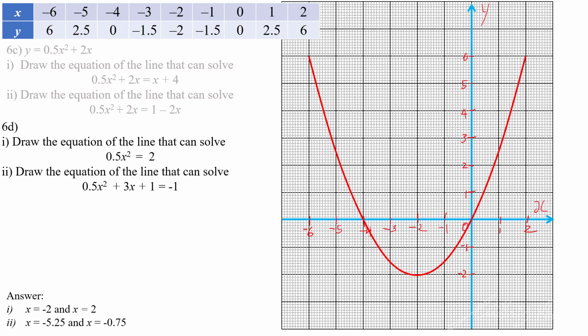If you are still struggling, let me just enlighten you. 0.5x squared is equals to 2. You need to convert this into 0.5x squared plus 2x. So how do I get from here to here? Very simple. I just need to plus 2x. So 2 plus 2x will give me 2 plus 2x.